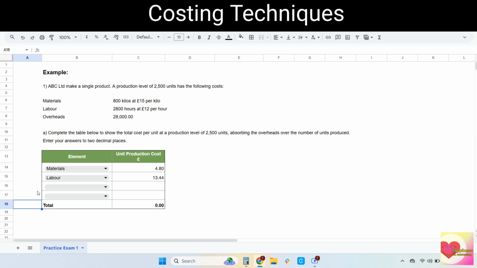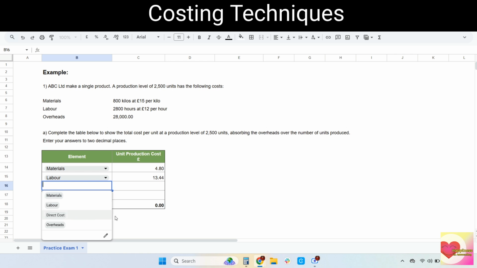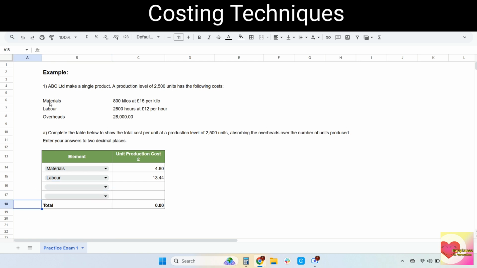So how do we determine which one should we choose first? Either direct cost or overheads. Remember that materials and labor are both direct cost, and the overheads is an indirect cost. So we should not mix the overheads with these 2 direct costs.